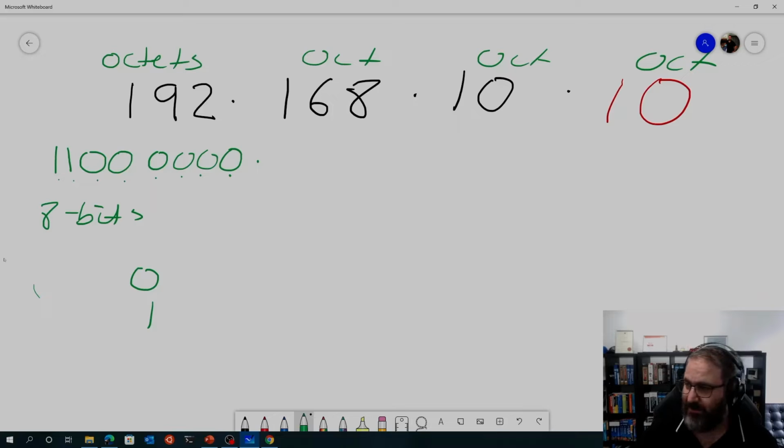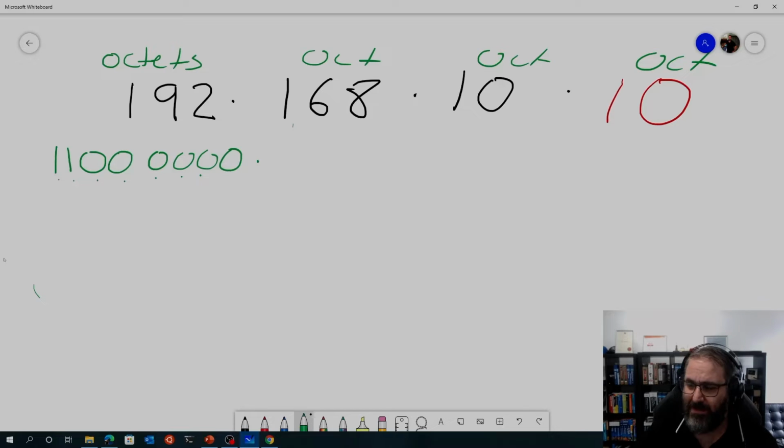What's a byte? Yep, 8 bits is 1 byte. But we're not talking about bytes, just so that you're aware, if you're curious. 8 bits, octet. So for those who are not too bad at maths, let me finish this.